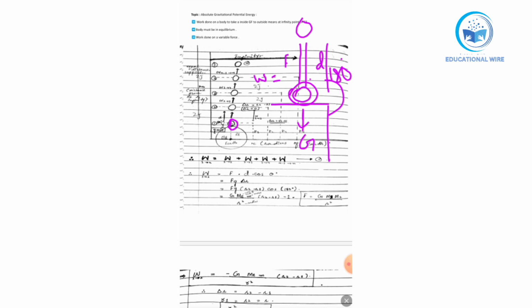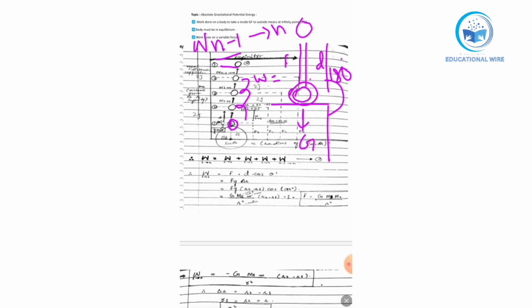Now what we will do here is give names to these. Work is happening from 1 to 2, then 2 to 3, then 3 to 4, but at the infinity position we will have work from n minus 1 to n. Now what is n? n is the infinity point. Now you will ask why we put n minus 1 over here.